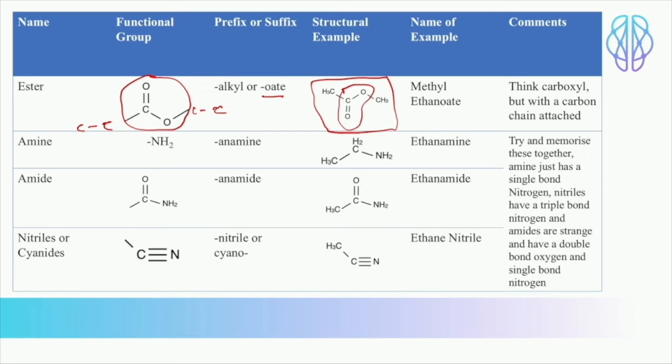The next 3 we can actually kind of class together. An amine is a nitrogenous compound, and recall that nitrogen can make up to 3 bonds. So it has 3 arms, if you will. An amine has an NH2 group. So nitrogen is using 2 of its arms to bond with hydrogen and 1 of the arms to bond with a carbon chain. We're going to skip the amide and go straight to a nitrile.